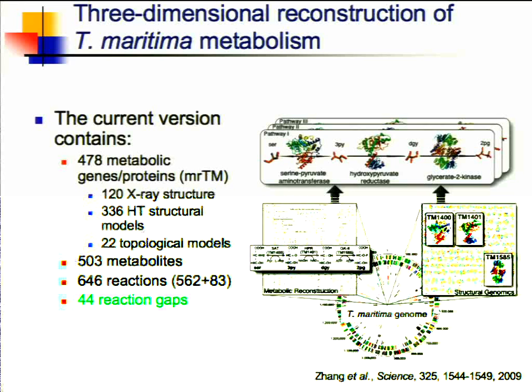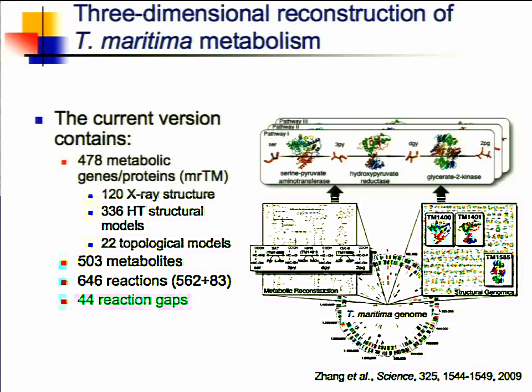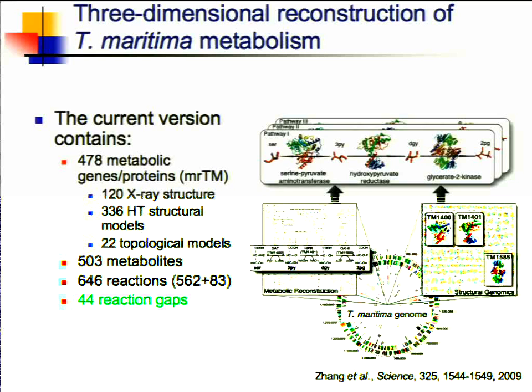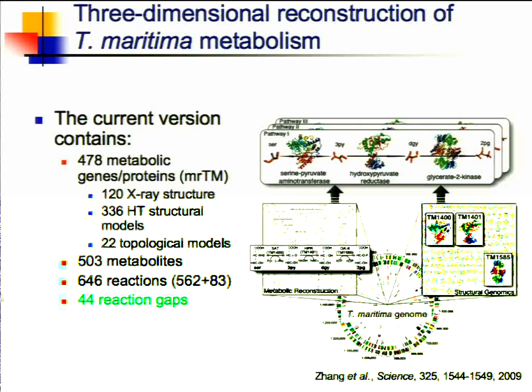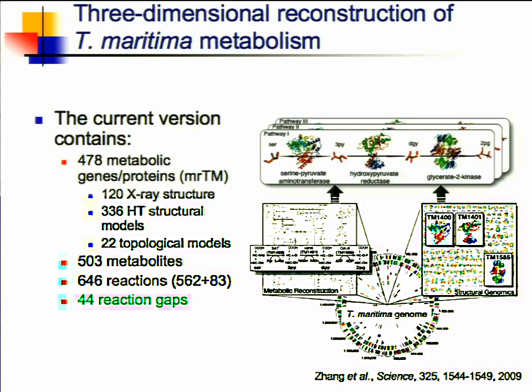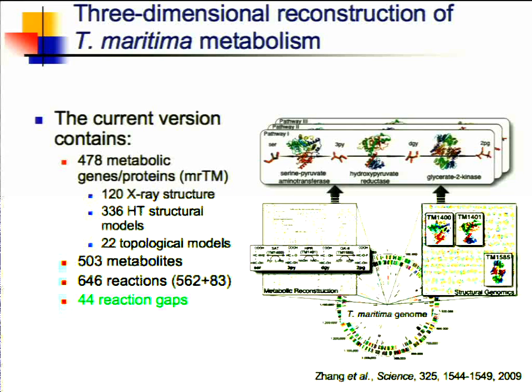Basically, we covered more than a third of the entire Thermotoga maritima genome, and each of these is determined with X-ray crystallography or high-throughput structural modeling. Only 22 models were built based on their topological features, because they are transmembrane proteins and we couldn't find a good template for them.